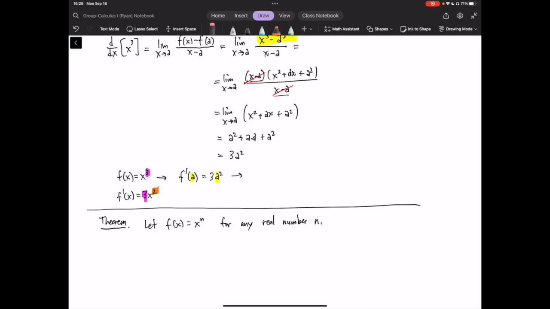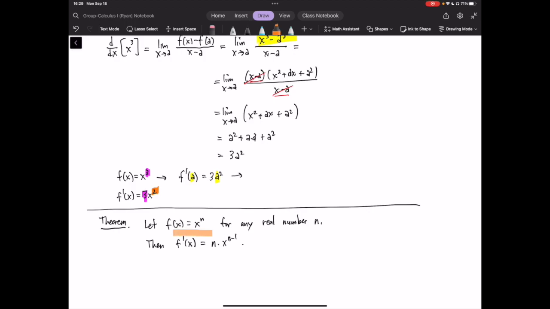Then the conclusion is that f prime of x is always going to be equal to, here we're going to write a formula for this, right? The n comes down, so the power comes down, and then we're left with x to the new power, which is n minus 1. All right, so the power comes down, we're left with x to the n minus 1.